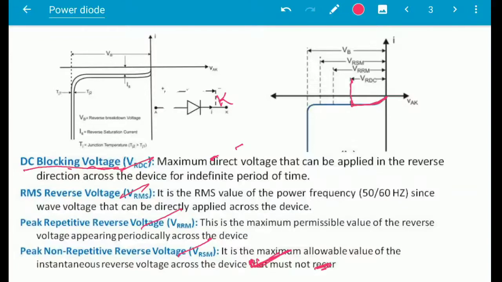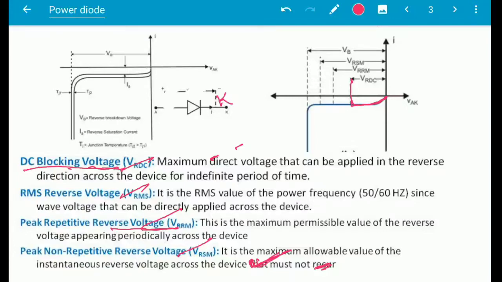Then comes VRRM, the peak repetitive voltage, which can be applied but not continuously, only repetitively like a pulse. Then comes RMS, and the last one is VB, that is breakdown. After breakdown, current will flow and the device will be damaged.